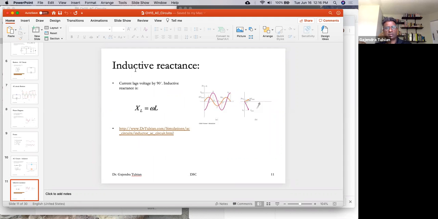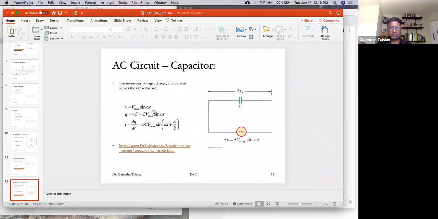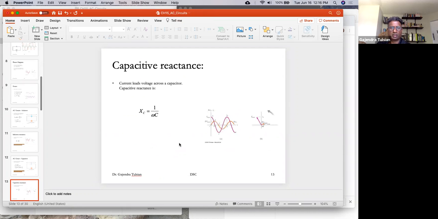The inductive reactance is omega L. For a capacitor, the reactance is 1 over omega C, and phi is minus pi by 2. So the capacitive reactance is 1 over omega C. And again, these reactances are frequency dependent.